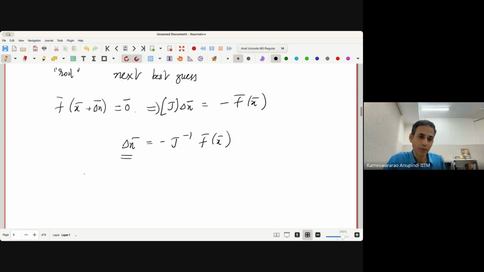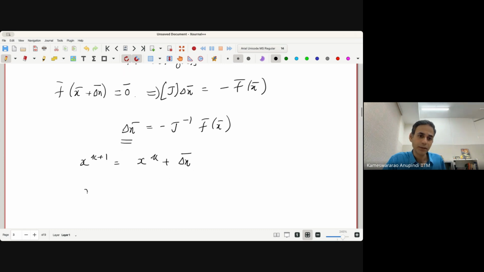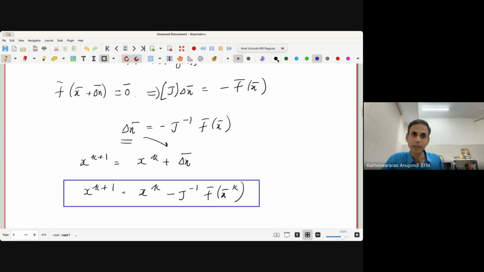That means if I want to calculate my next value, that is x of k plus 1 equals x of k plus delta x bar, right? So that is the next iterate value. I'm going to substitute for this delta x bar, this value. That's going to be minus J inverse times f bar of x bar of k, right? Because this was evaluated at k. Okay. So that is my formula for Newton's method as applied to a system of equations.